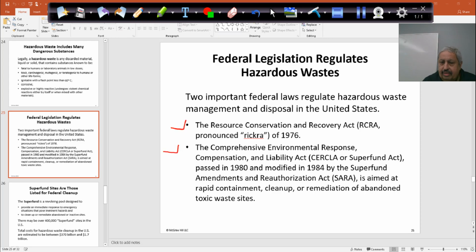One, the Resource Conservation and Recovery Act, pronounced RCRA, of 1976, and two, the Comprehensive Environmental Response, Compensation and Liability Act, CERCLA, or just what they call the Superfund Act. The Superfund Amendments and Reauthorization Act, SARA, is aimed at rapid containment and cleanup or remediation of abandoned toxic waste sites.